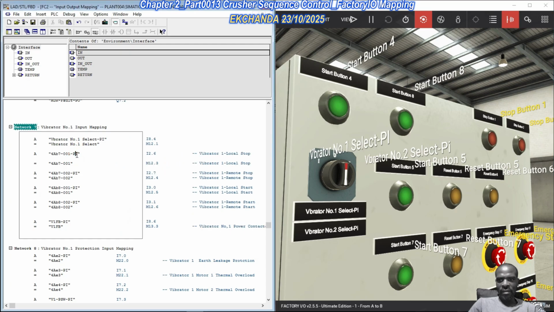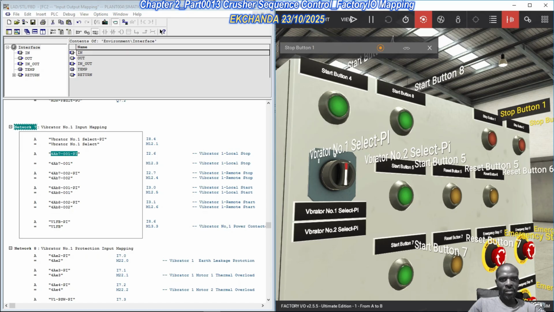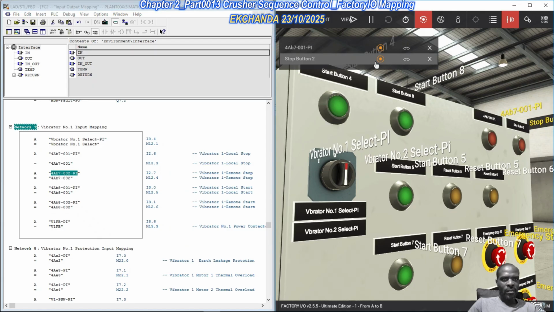So Control C. So local stop we may want to associate with this push button, and then remote stop we may want to associate with this push button, okay.